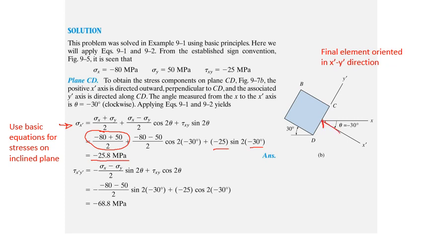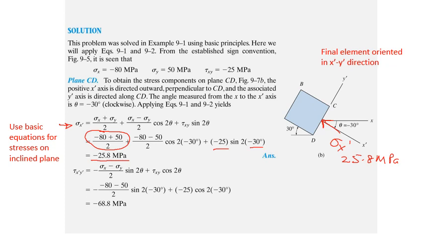That is sigma x prime, and you just put the value there as 25.8 megapascal because you already have put the direction as compressive. Do not put minus there because the direction is already the right direction. You only put a negative if you put a tensile direction.